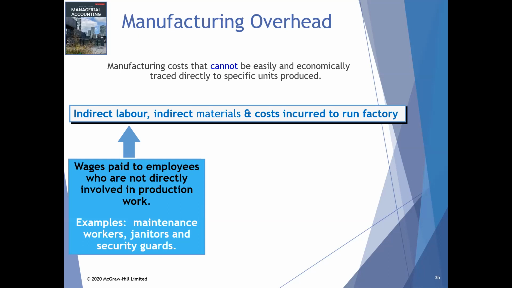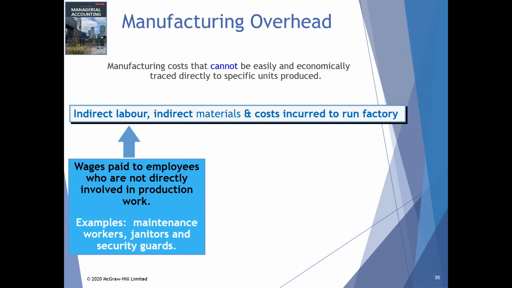Yes, they are contributing, but how can we say that that person contributed in making one car? What will be the cost involved for that particular security guard or janitor or maintenance worker or cleaner that will be associated with one unit?